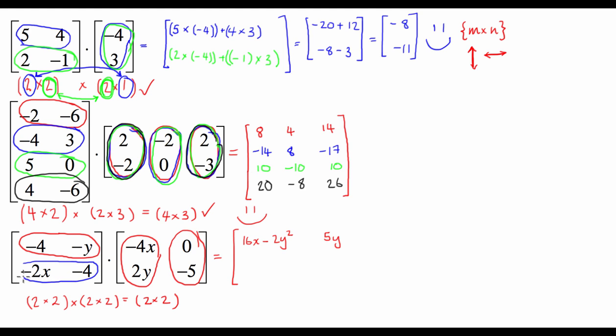We moved on to the second row. And we're going to times by the first column. So we have negative 2x times negative 4x is going to be positive 8x squared. We have negative 4 times 2y is going to be negative 8y.